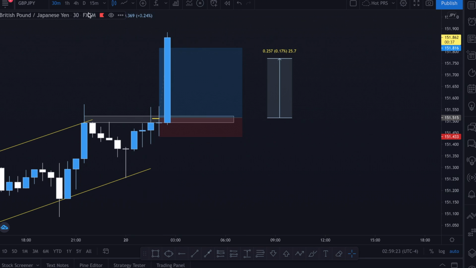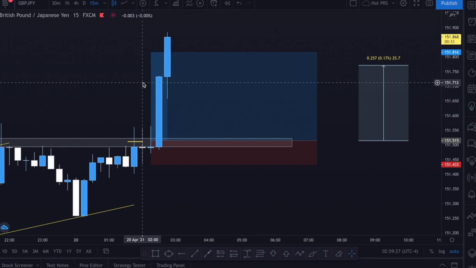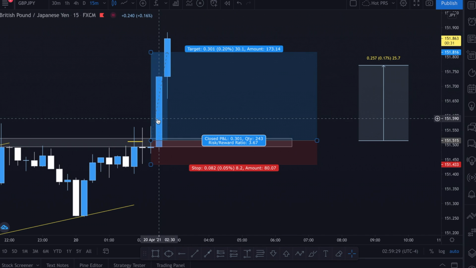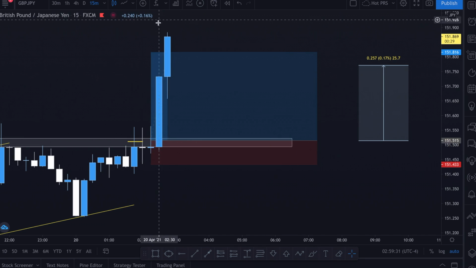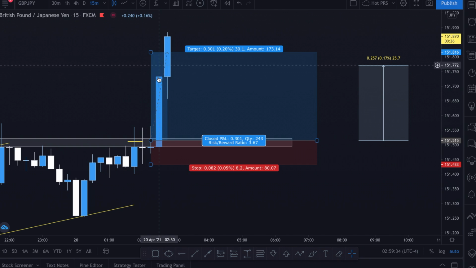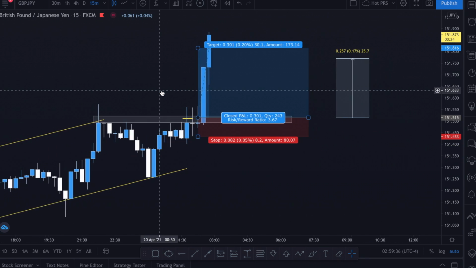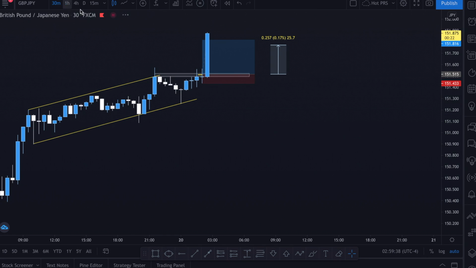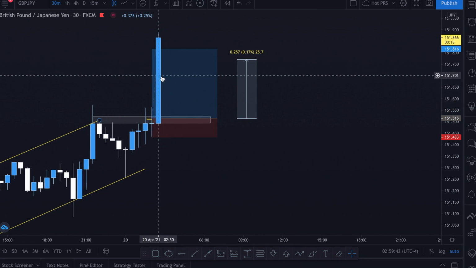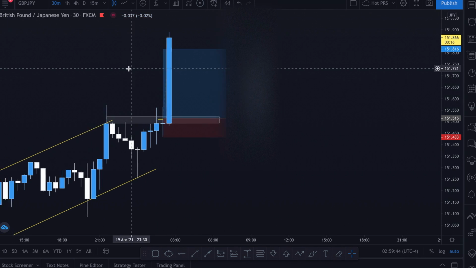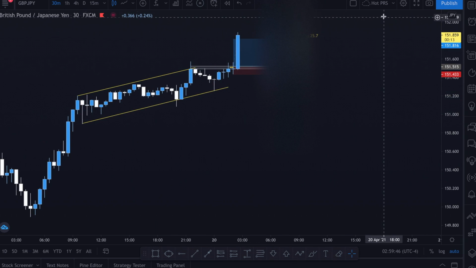We got our 30 pips within, I'm going to 15 minutes time frame, about 70 minutes and we hit our TP. So yeah, that was a nice trade, guys. Now price is continuing to push to the upside, and we closed out for the day.